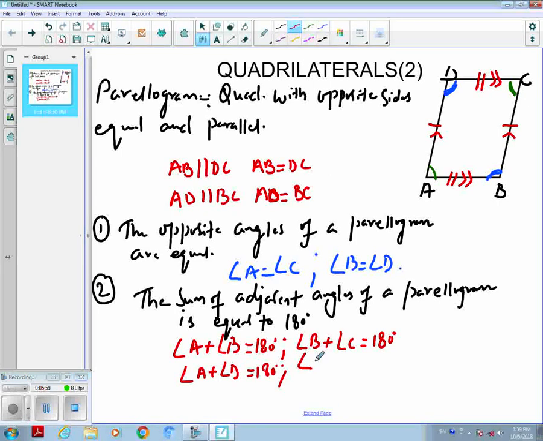And angle D plus angle C is equal to 180 degrees. These are pairs of adjacent angles. Right?